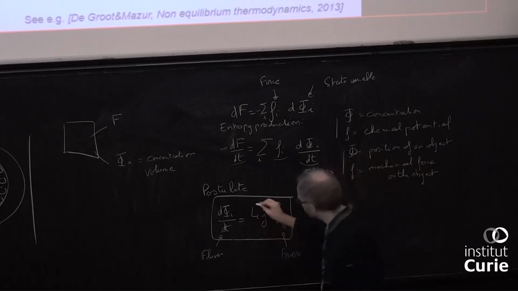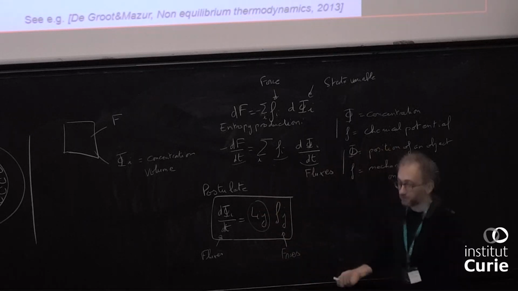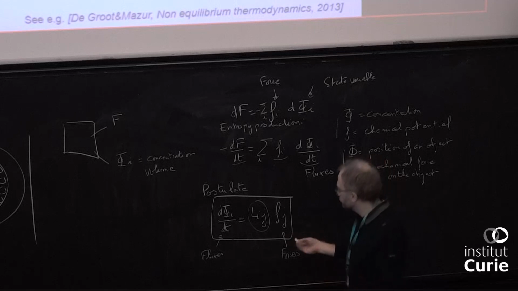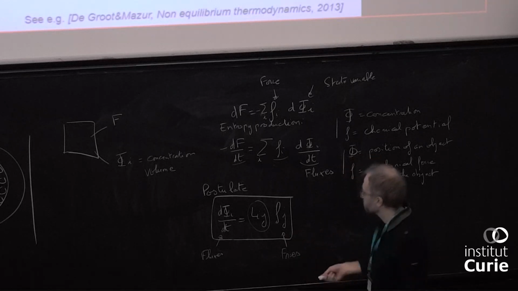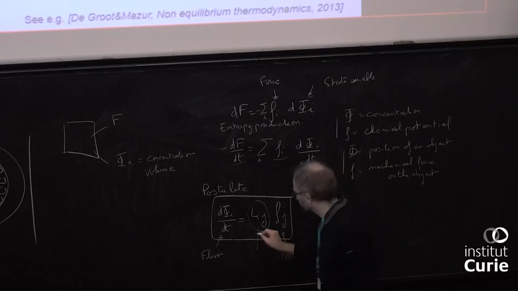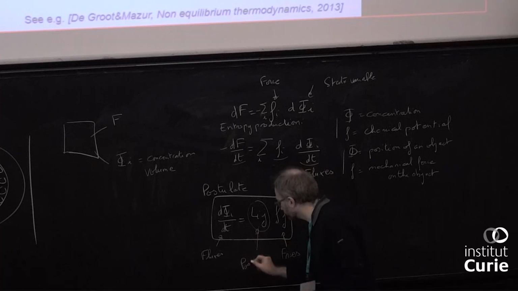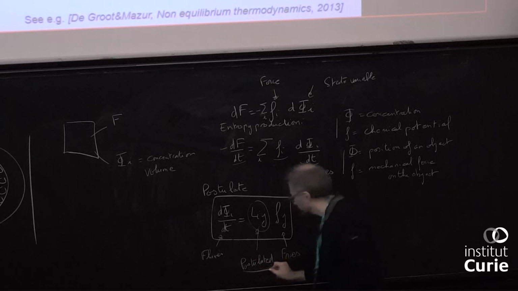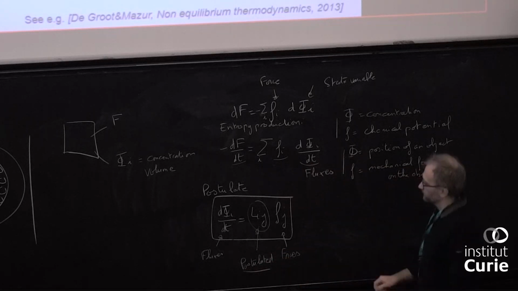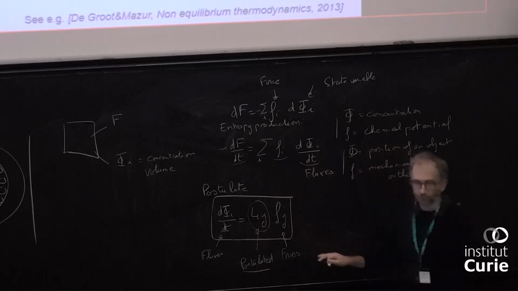Then I introduce this matrix, which is a linear matrix. I don't know what the coefficients in it are, but this is the part that is postulated. They are called phenomenological coefficients for this reason. So this equation doesn't come from first principle.